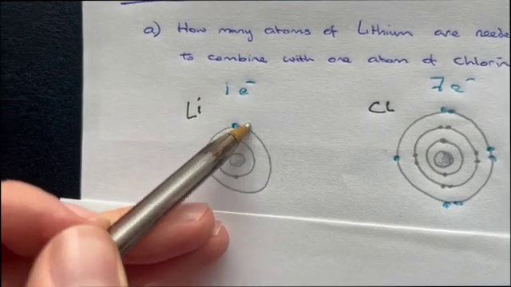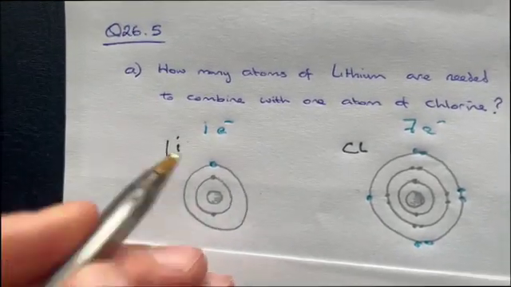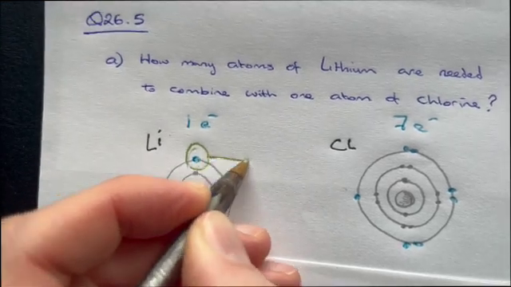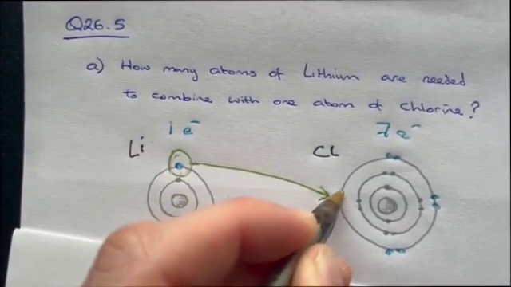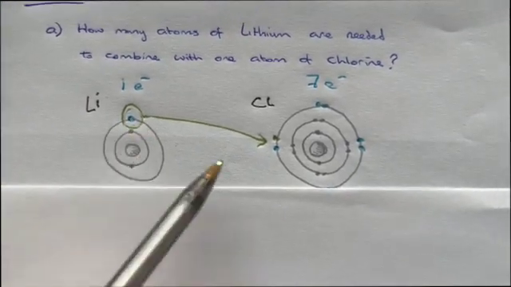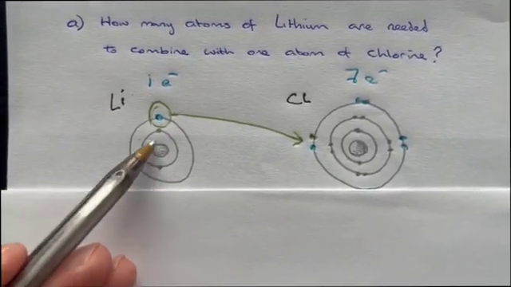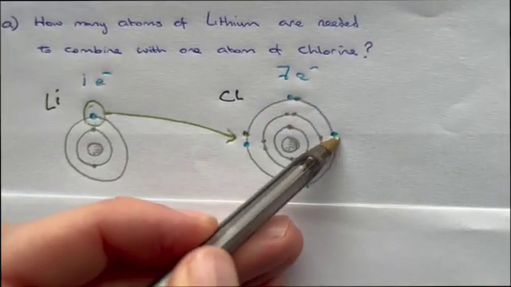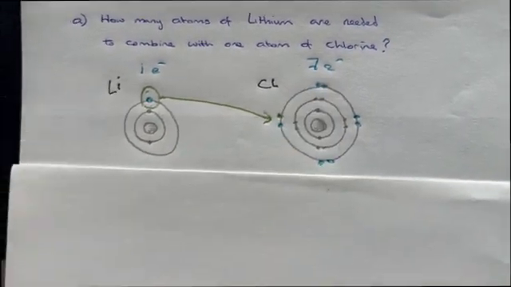So it's easier to simply remove this electron from lithium and give it to chlorine. Therefore, my lithium will have 2 electrons in its outer shell, and chlorine will have 1, 2, 3, 4, 5, 6, 7, 8 electrons.